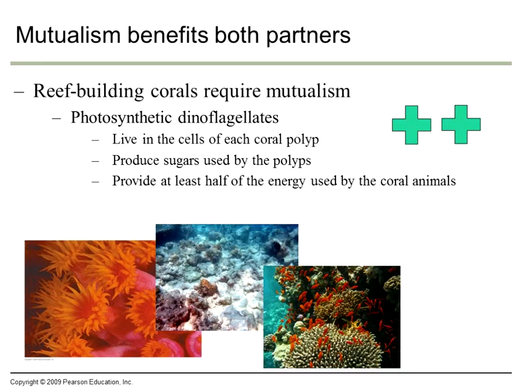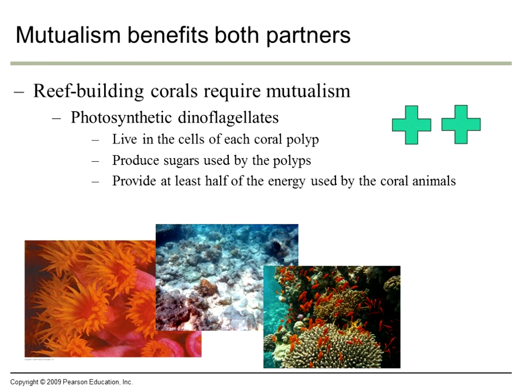Mutualism is an example where both partners in the relationship are benefited, and we find that in many examples. Reef-building corals require mutualism. There are photosynthetic dinoflagellates that live in the cells of each coral polyp. Those dinoflagellates are photosynthetic, so they produce sugars that are used by the animal polyps in the coral.